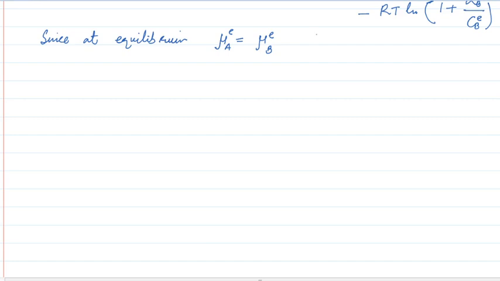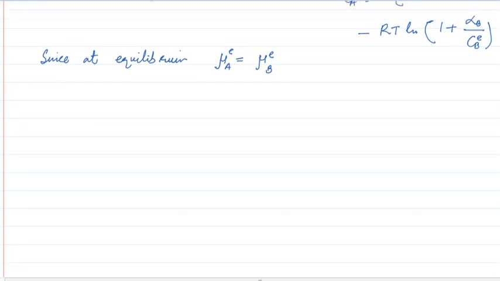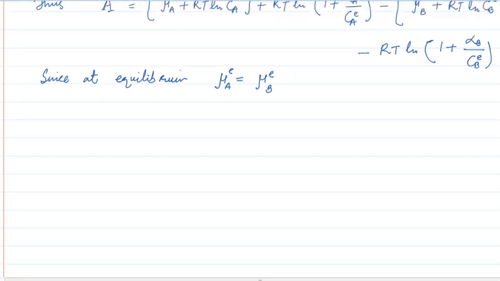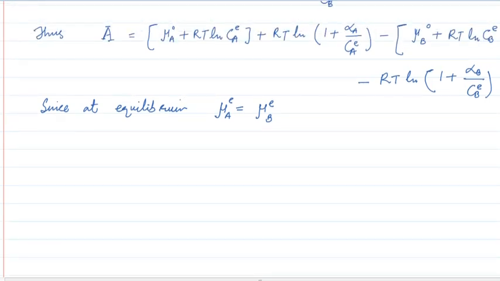So if we look into equation 16 very carefully, it means this part and this part, they will be simply cancelled out.